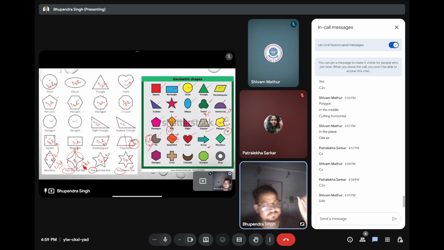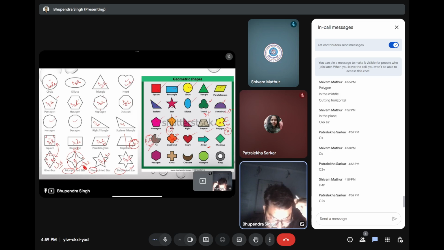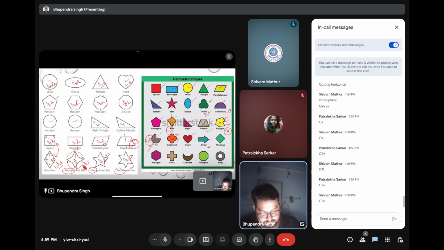Okay, arrow. This is your C2 and this is in the plane, so perpendicular.